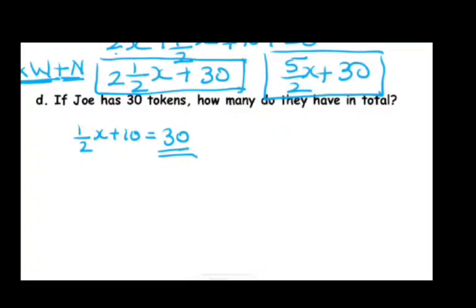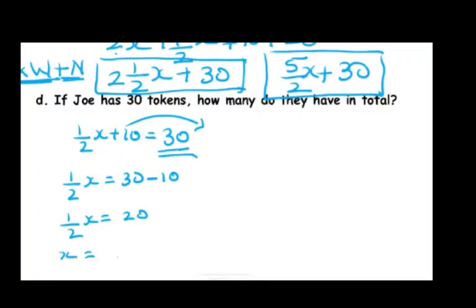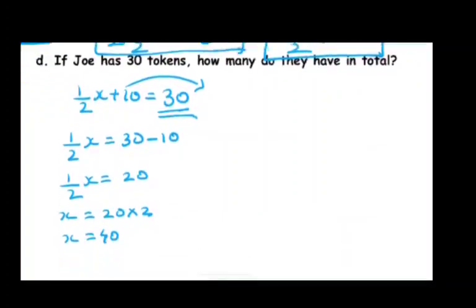Okay, let's do that. So, half x plus 10 is equal to 30, so half x is equal to 30. If I take the 10 to the other side, it becomes minus 10. Half x is equal to 30 minus 10, which is 20. x is equal to 20 multiplied by 2. Value of x is 40.